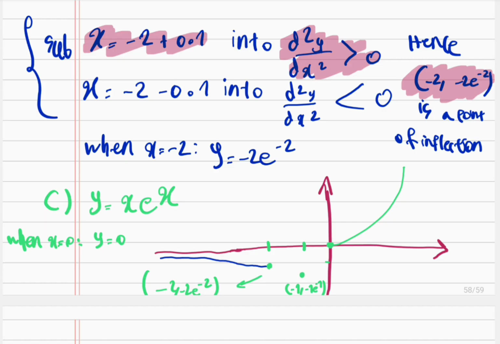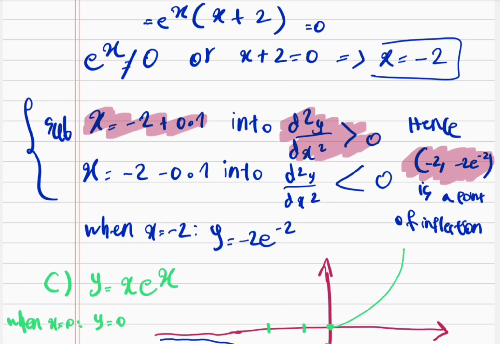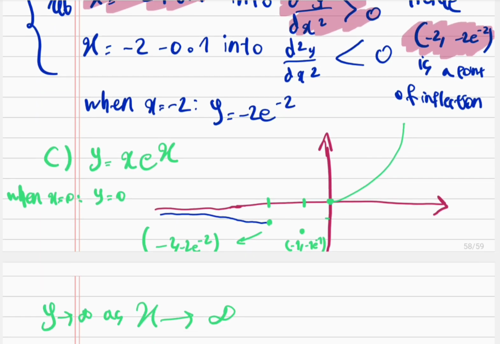A convex graph always has this sort of U shape. So the way it connects between these 2 points is like this, rather than going upwards like this, because that would be the concave case, and that doesn't apply here. So it's sort of like this.